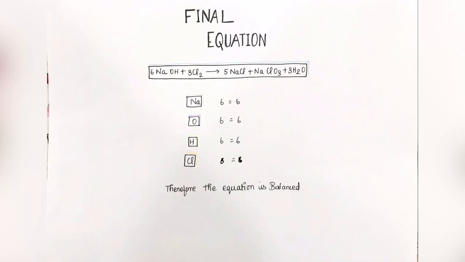And for hydrogen, the atomicity on both sides is 6, which is equal. And for the last element, chlorine, the atomicity on both sides is equal, that is 6. And therefore we can say that the equation is balanced.